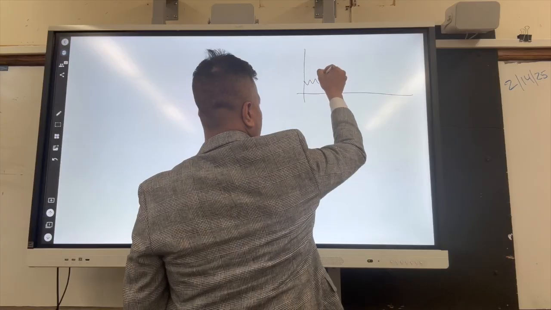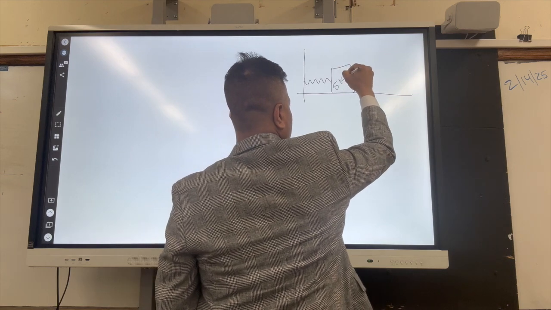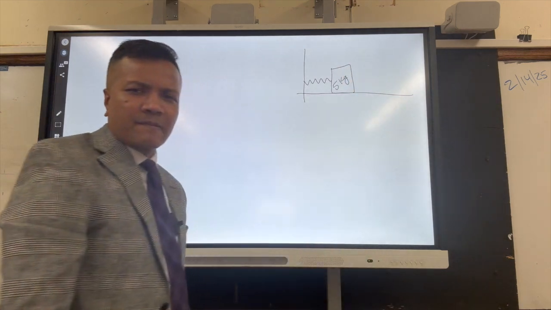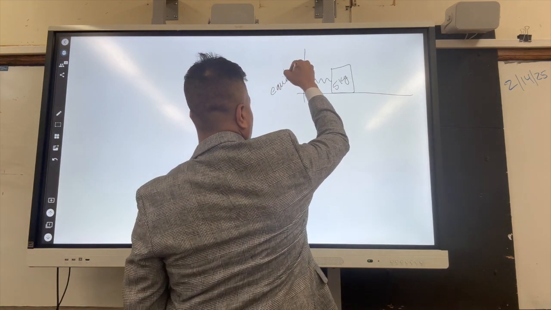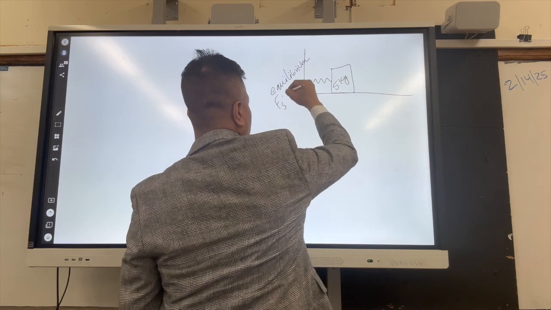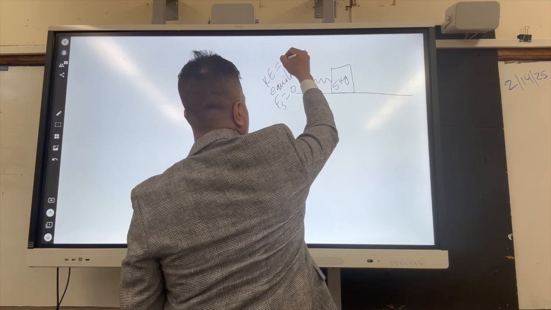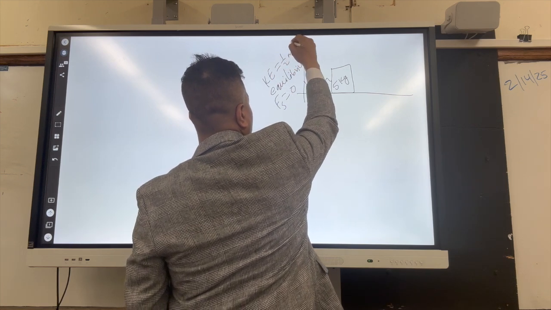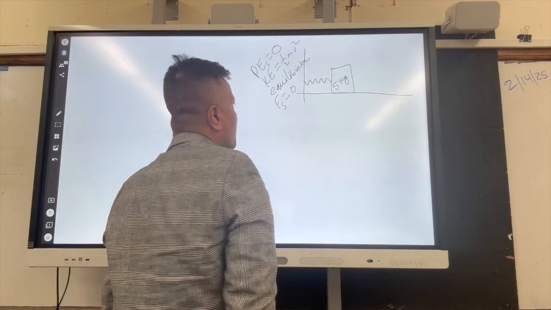All right, let's dive into solving problem number 1. Say I have a spring and a 5 kilogram mass at equilibrium. What does that mean? F is 0. Kinetic energy is maximum. Potential energy due to the spring is 0.